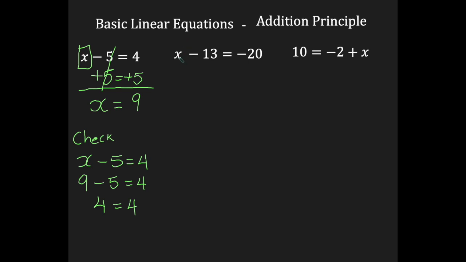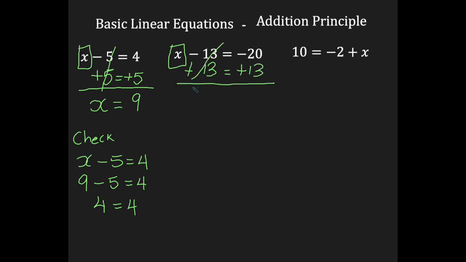My second problem, I have x minus 13 equals negative 20. So my aim is to isolate the x. And connected to it is a 13 by subtraction. The opposite of subtraction is addition, and you're going to add 13 because you want to get rid of 13. So I'm going to add 13 here.